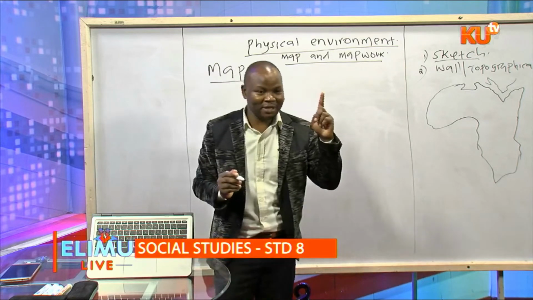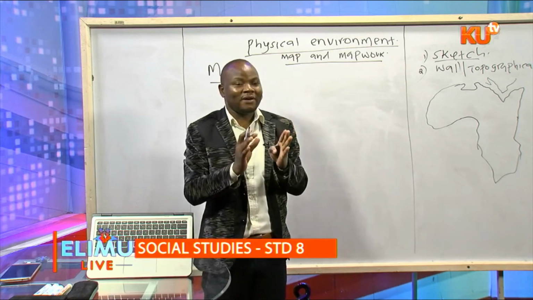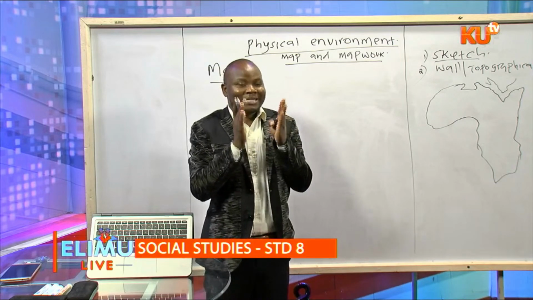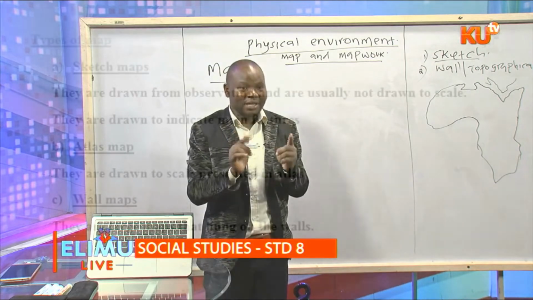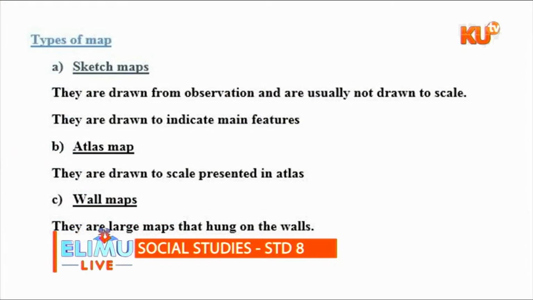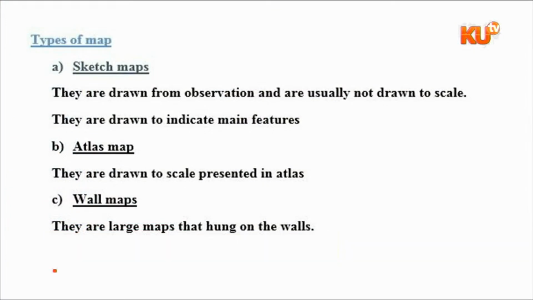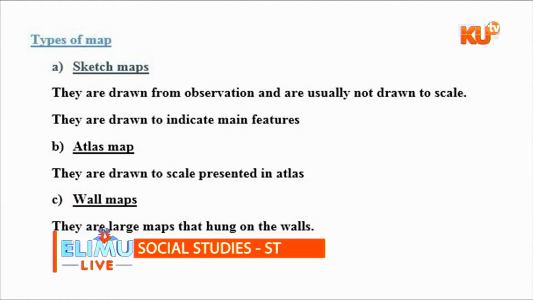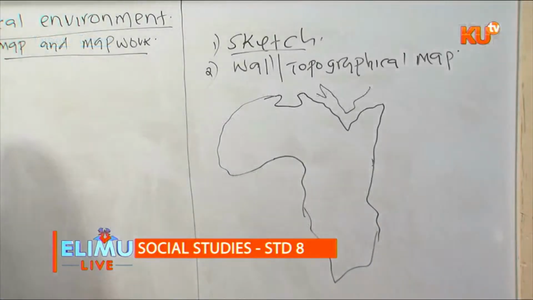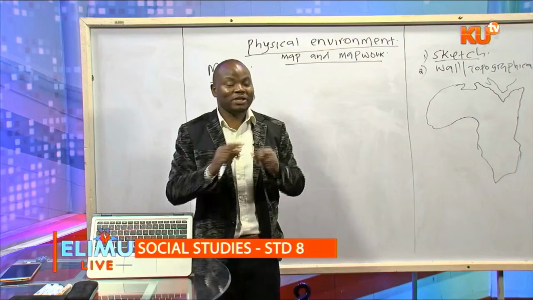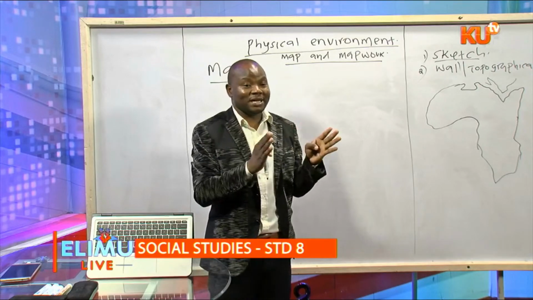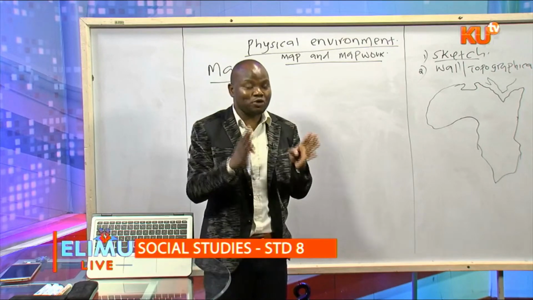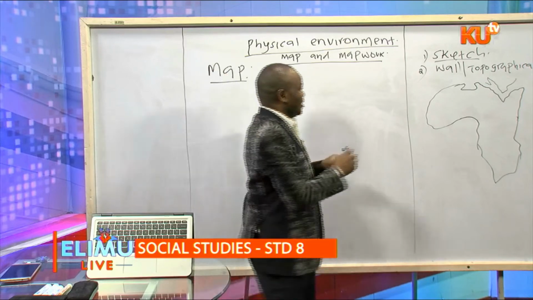The first principle is that a map should have a title. Number 2, the map should have the scale. Number 3, the map should have the frame. Then we have the key and we have the compass. All those elements are the ones to identify that this is a map. Without them, it is not a map. So a map should have all the elements.